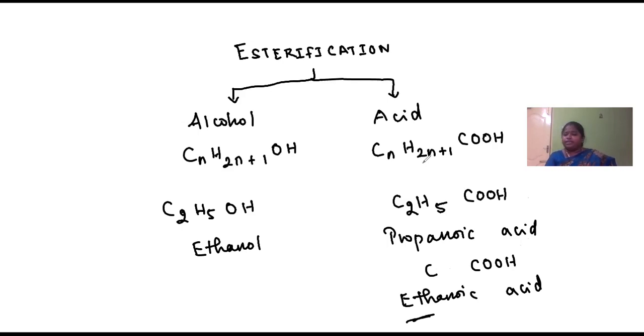What about hydrogen? 2 into 1 plus 1, that is 3. So that means CH3COOH, right? Now for alcohol, it is the same; just do it like this to find the exact formula, right?